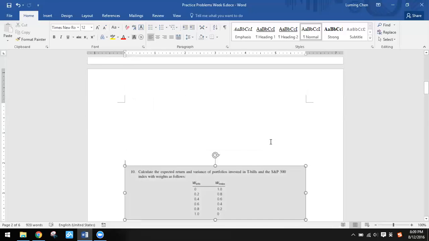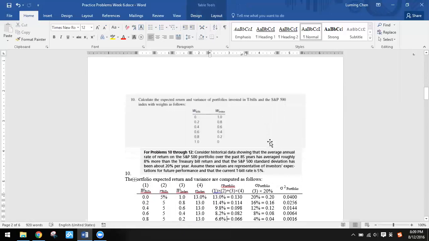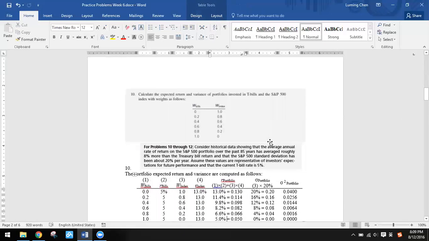Number 10, calculate the expected return and variance of portfolios invested in T-bills and the S&P 500 index with weights as follows. In this problem, we assume that the Treasury bill return is 5%, the S&P 500 standard deviation has been about 20%, and the risk premium is 8%.